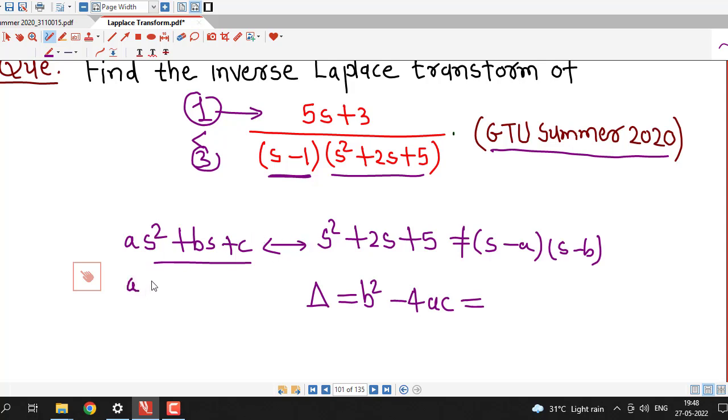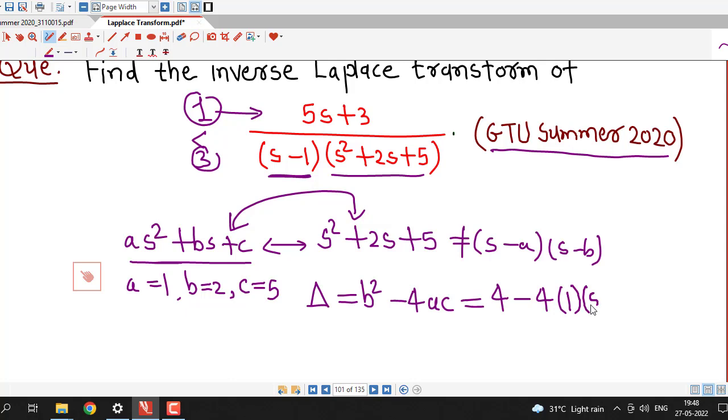If we compare this factor with this standard form, then a equal to 1, b equal to 2 and c equal to 5. Therefore b square is 4 minus 4 into a equal to 1, c equal to 5. This is 4 minus 20, not 25, and it is going to be negative.